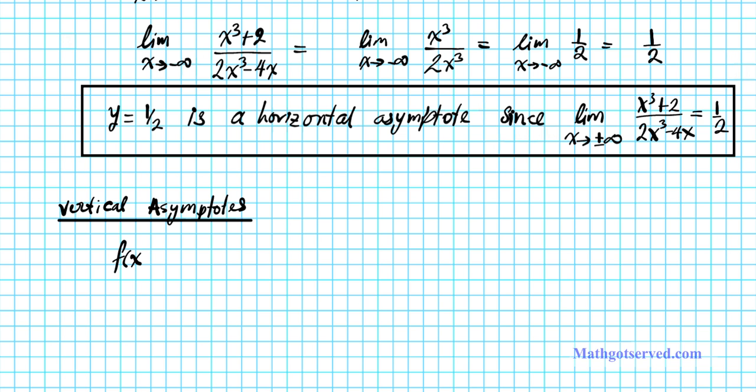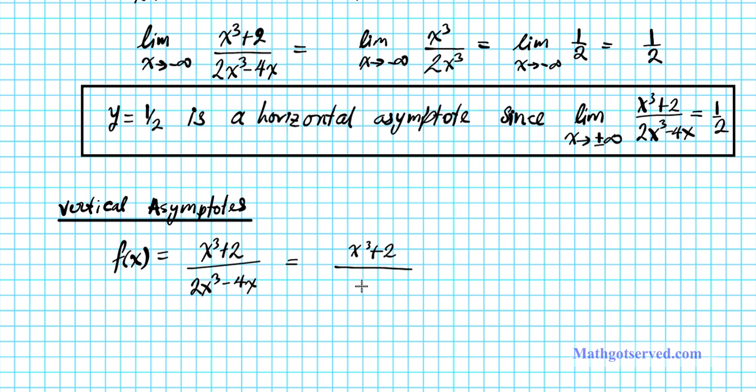So the original function is f of x equals x to the third plus 2 divided by 2x to the third minus 4x. So to find and cancel out the removable discontinuities, we just have to factor the numerator and the denominator and take out any common factors. The numerator is prime, so we'll leave it alone, x to the third plus 2.